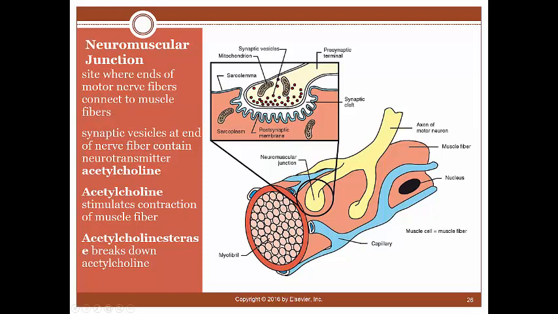Acetylcholine binds the receptors on the skeletal muscle, and that causes the muscle to go through a chemical change that allows it to contract. We have to stop that contraction, and how that happens is the chemical acetylcholinesterase breaks down acetylcholine and removes it from the receptor.